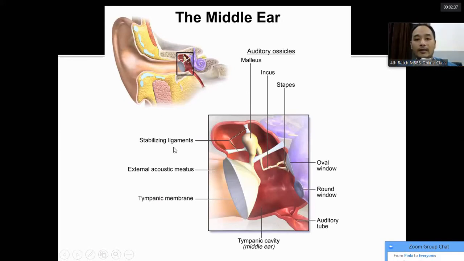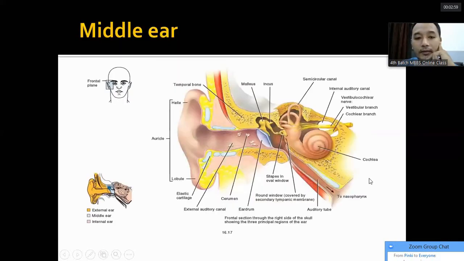Now let's see. This is the picture of the middle ear. You can see the external ear, middle ear, eardrum, also called the tympanic membrane, and the inner ear, housing the cochlea. This is the tympanic membrane, ossicles, muscles. This is the middle ear cavity. This is the auditory tube. This is the overall picture of the middle ear.